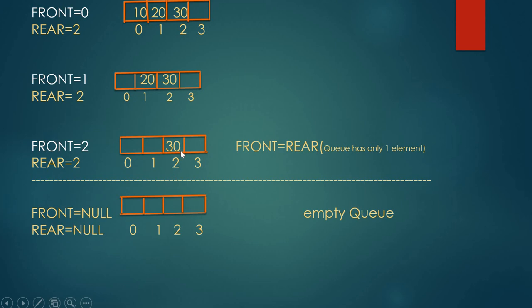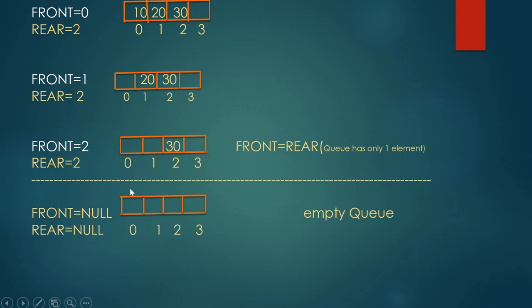Queue is empty means front value and rear value will be null. That is why, if there is one and only one element in the queue and we delete it, we need to get an empty queue, which means we need to change both the pointers. That is, front and rear will be equal to null.